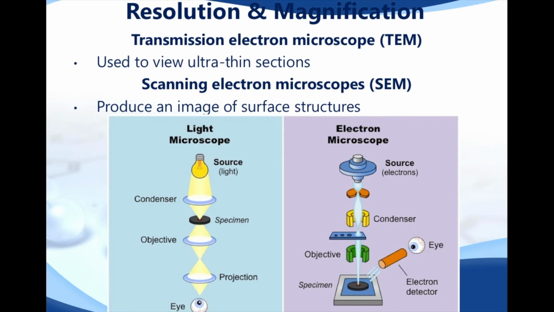In comparison to the electron microscope, which fires quite literally electrons through a condenser, which goes through the objective lens, then onto the specimen before it is picked up by an electron detector. So it's a very, very different way in which samples are viewed using magnification or microscopes.